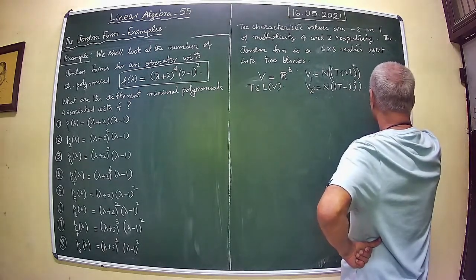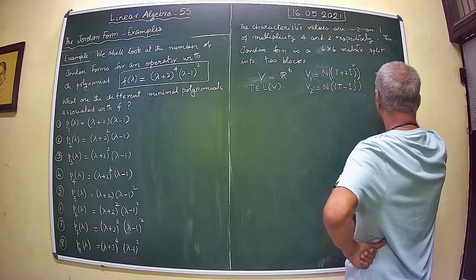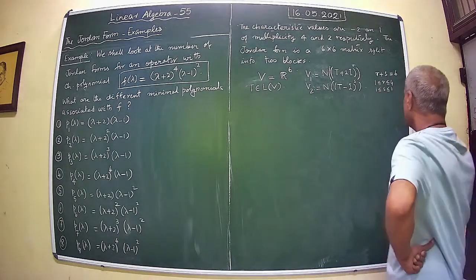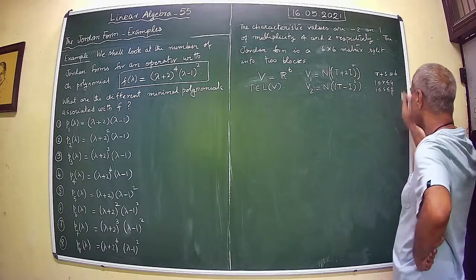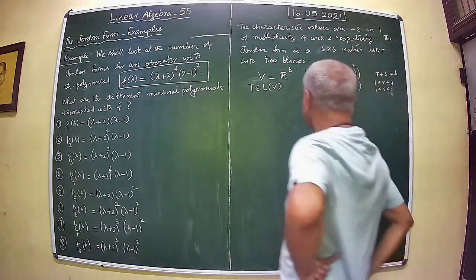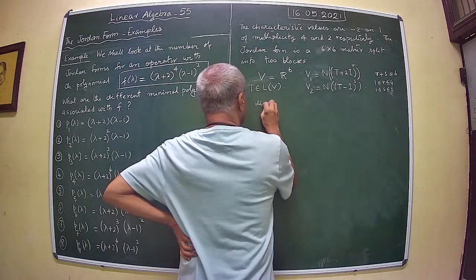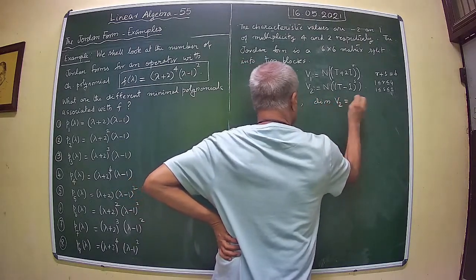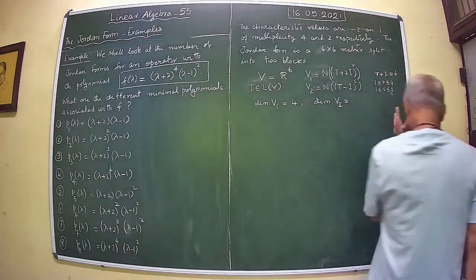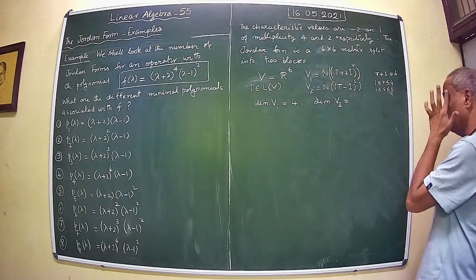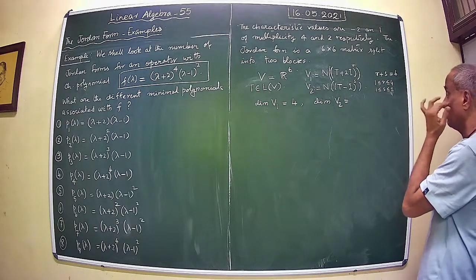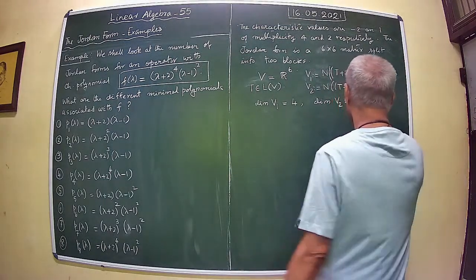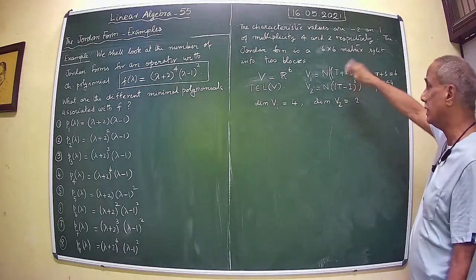Now these are the possible. Now you see the dimension of V2, because the T varies in different circumstances.